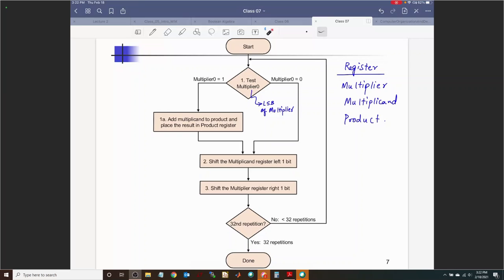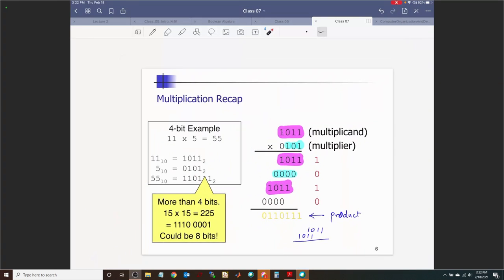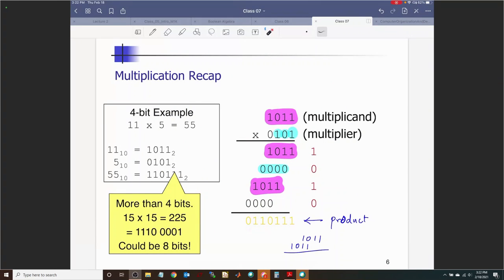Can you go over how each bit of the product is found? So the product register starts off with an initial value of 0, right? If you are doing 32 bit multiplied by 32 bit, your answer can be 64 bit, and you would initialize it to all zeros first.